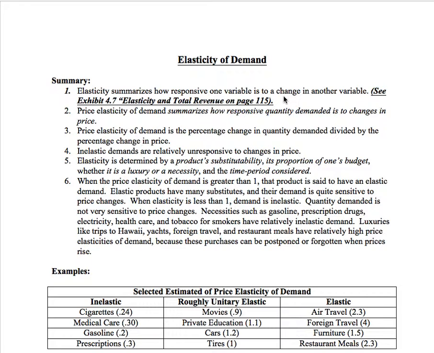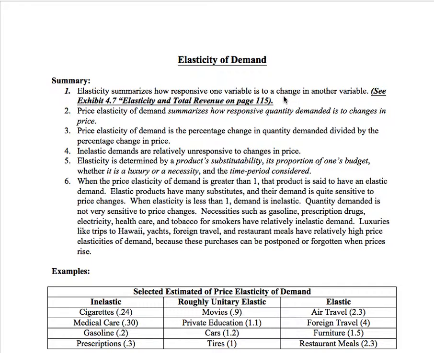That simply means that if a product is elastic, whereby its coefficient is more than 1, then if we have an increase in price, total revenues will decline. And that's one of the reasons why I pointed out page 115.